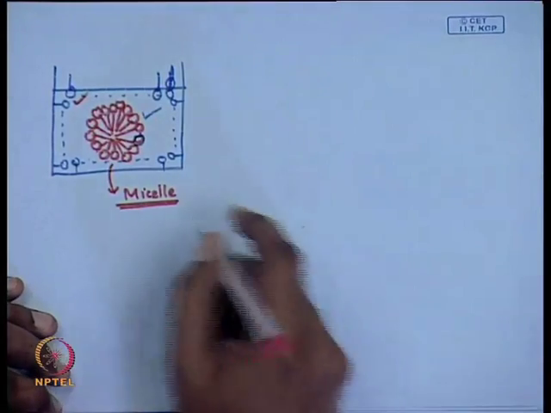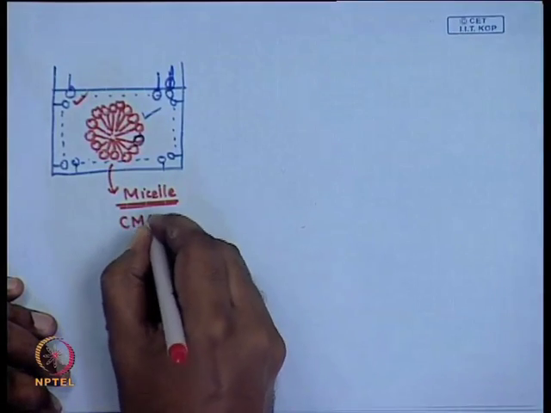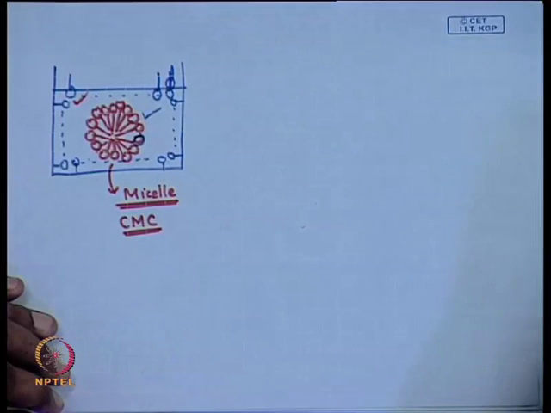You probably have come across a term called CMC, which is the critical Micelle concentration, or in other words it refers to the surfactant concentration beyond which, or at which, the micellization process starts.